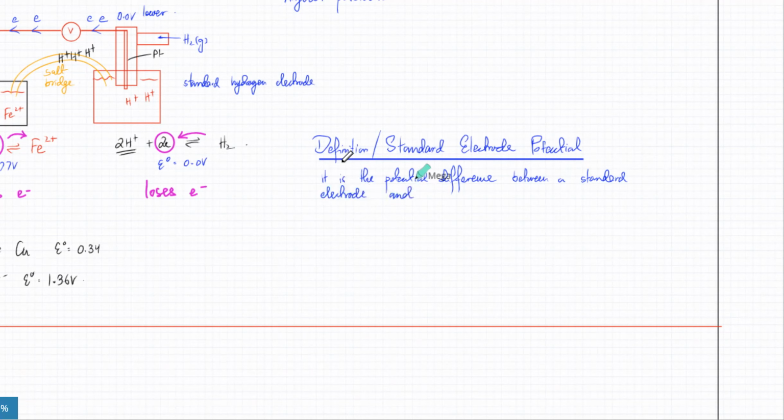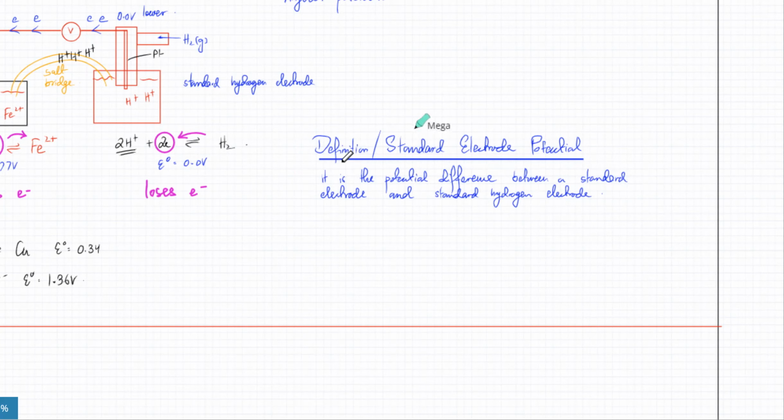Literally, it's the potential difference between any electrode and the standard hydrogen electrode. That's basically the definition.